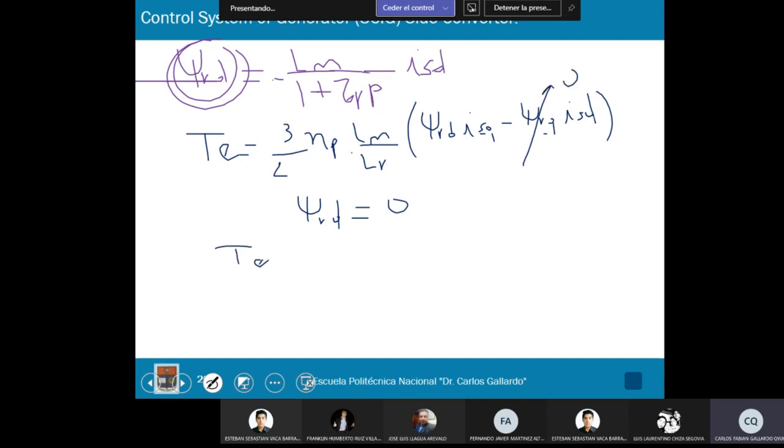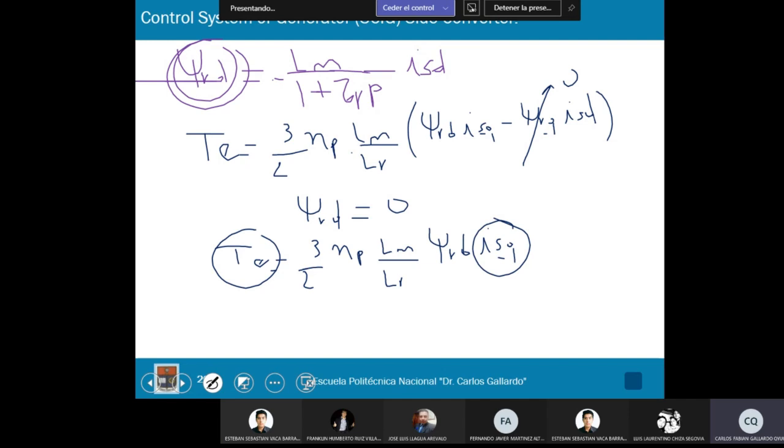Therefore, the electromagnetic torque is equal to 3/2 times the number of poles times the magnetizing inductance over the rotor inductance times the rotor flux on D axis times the stator current on Q axis. So pay attention, the electromagnetic torque is controlled only by the stator current on Q axis.